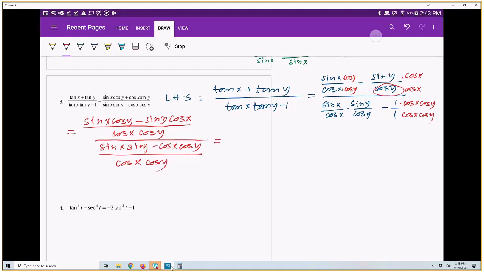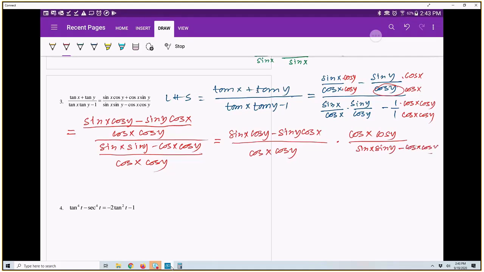Dividing by a fraction is multiplying by its reciprocal, so write it as sine x cosine y minus sine y cosine x over cosine x cosine y times cosine x cosine y over sine x sine y minus cosine x cosine y.